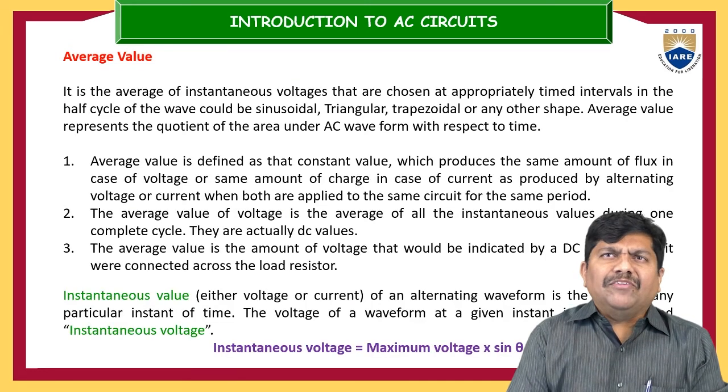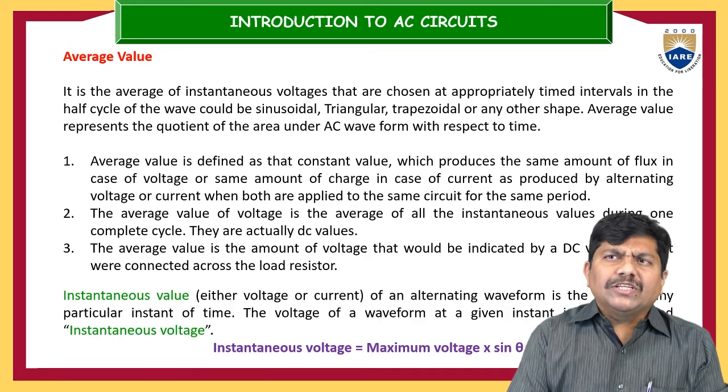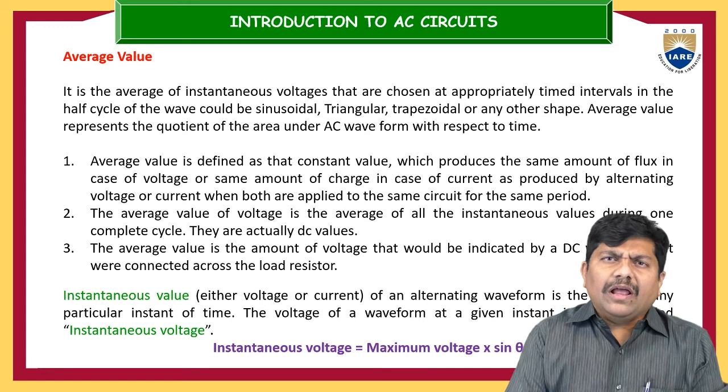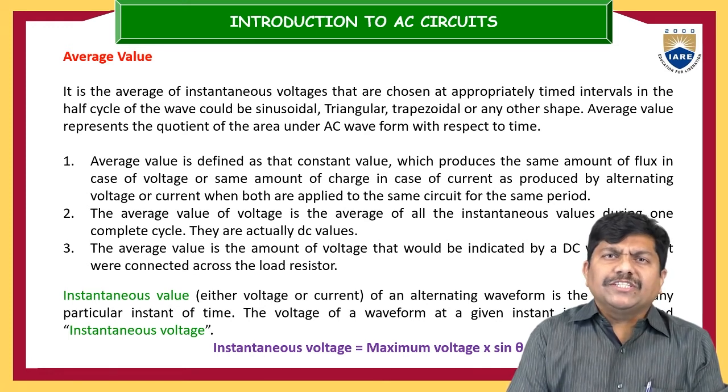And coming to the average value. So what about the average value? We have already studied that instantaneous voltage is small v equals V maximum into sin theta. What is that V maximum? V maximum is the maximum voltage of the waveform into sin theta, because all the alternating quantities were assumed to be in sinusoidal fashion.